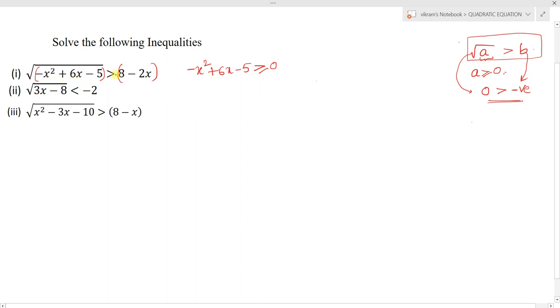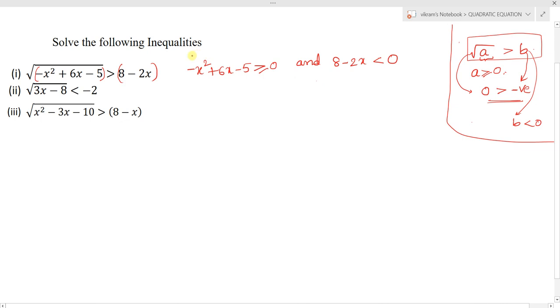And the RHS quantity 8 minus 2x, b, must be negative, represented by b less than 0.